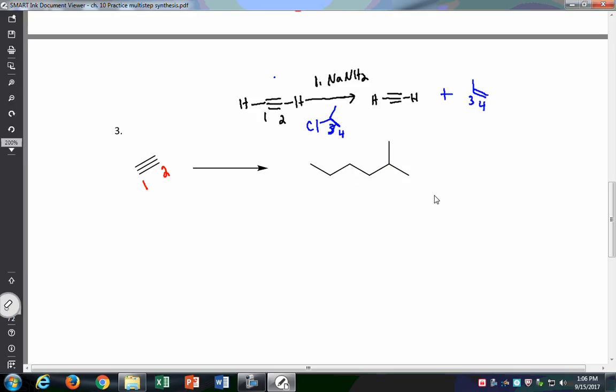The easiest route is to call this 1 and 2. And this will be our new carbon-carbon bond. So we can deprotonate, and our alkyl halide is going to contain the rest of these.